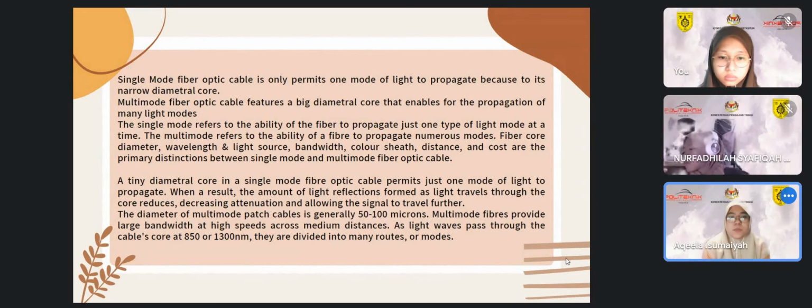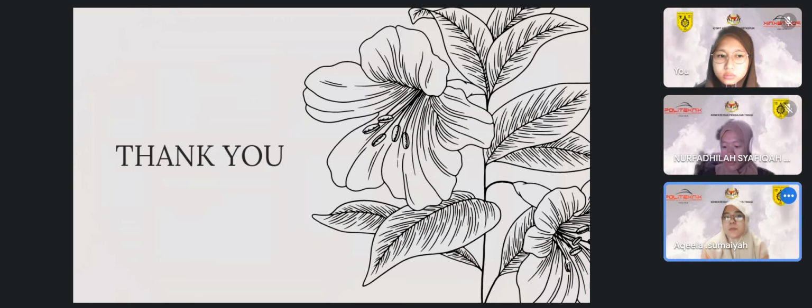Single mode refers to the ability of a fiber to propagate just one type of light mode at a time, while multi-mode refers to the ability of a fiber to propagate numerous modes. Core diameter, wavelength and light source, bandwidth, color shade, distance and cost are the most important distinctions between single mode and multi-mode.